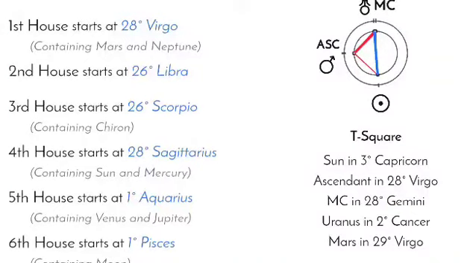Now, let's say that she was not utilizing her T square energy in the best way. Instead, she could have been dealing with some major mental, like schizophrenia type experiences where she's just all over the place mentally, because that's what Neptune can do, especially in the first house.